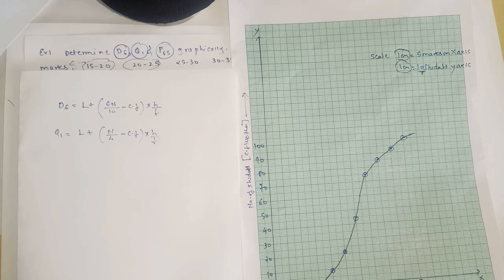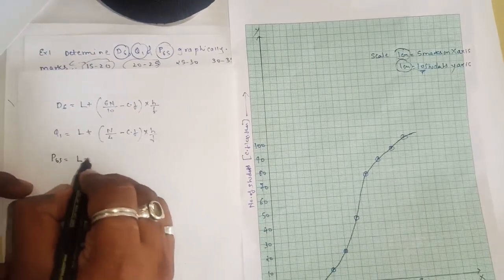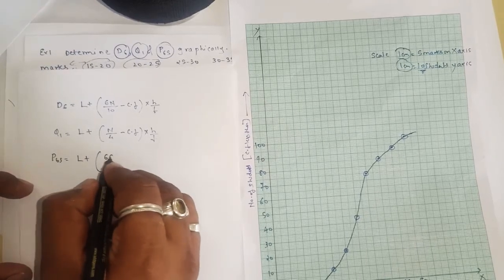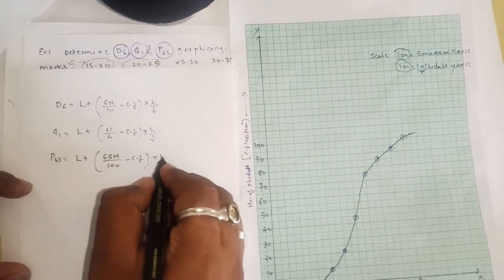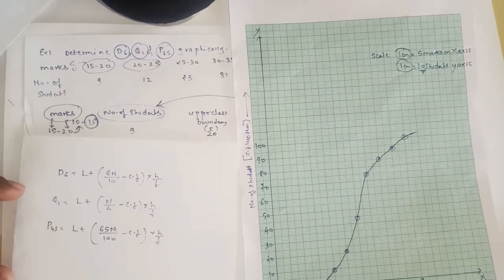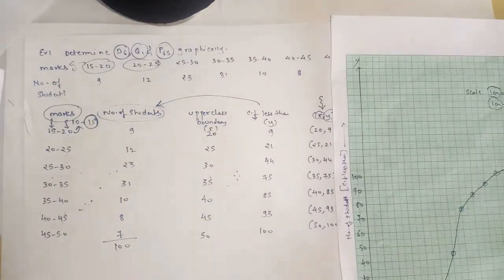Okay, for P65, L plus 65n upon 100 minus cf into h upon f. Okay, as here we have class, frequency and the cumulative frequency.